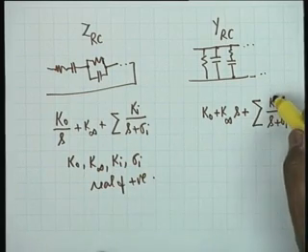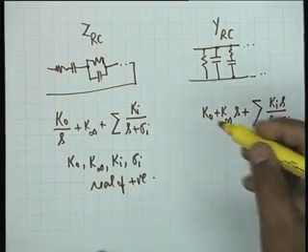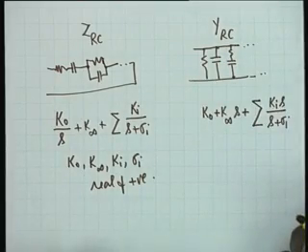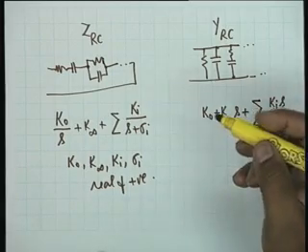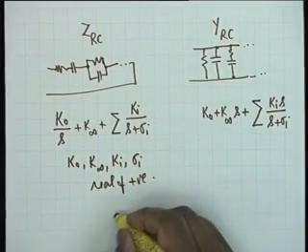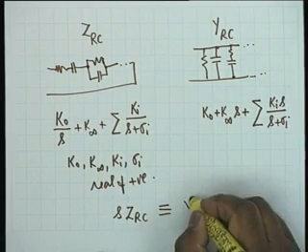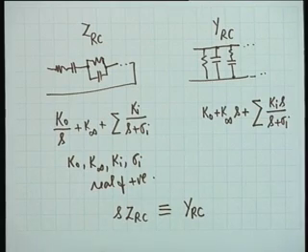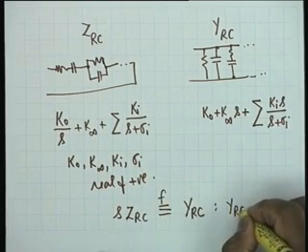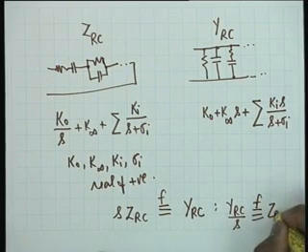In other words, these Ki's are not the residues of YRC. And you also notice that ZRC and YRC only differ by a multiplication by S. That is, if you multiply ZRC by S, the form is the same as that of YRC. Another way of expressing this is that YRC by S is of the same form as ZRC.